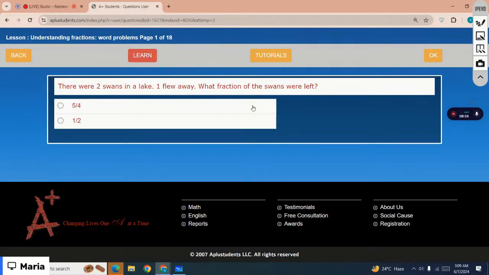The correct option is one out of two, right? That means in the lake you still have one out of two. Got it?